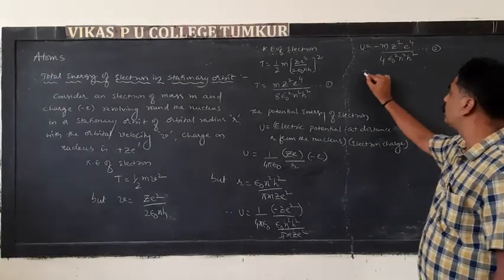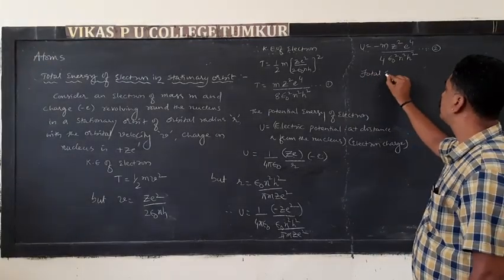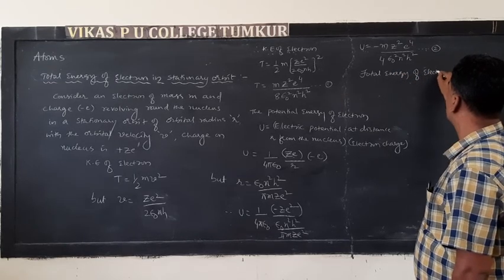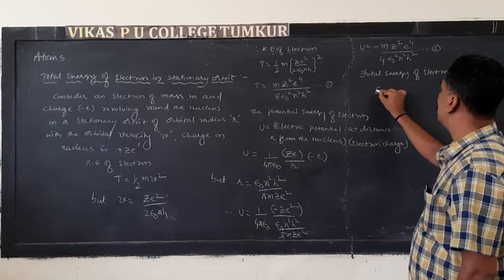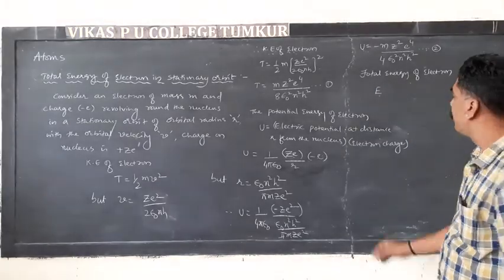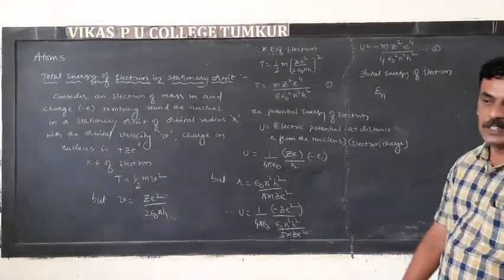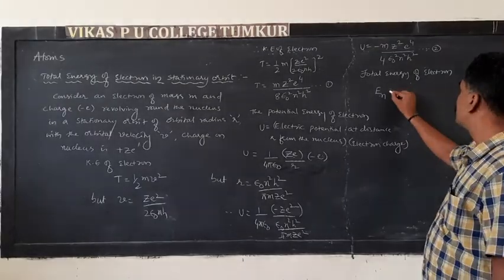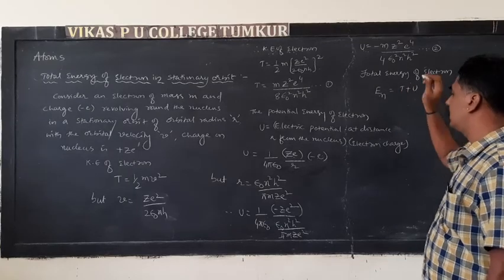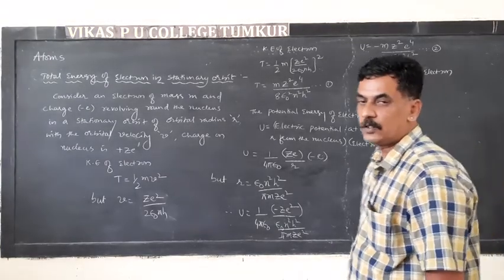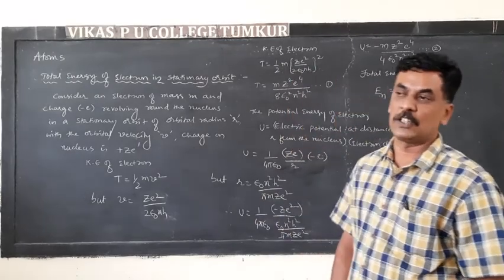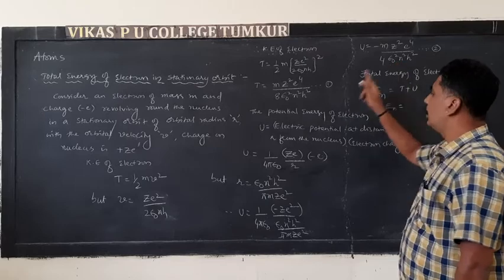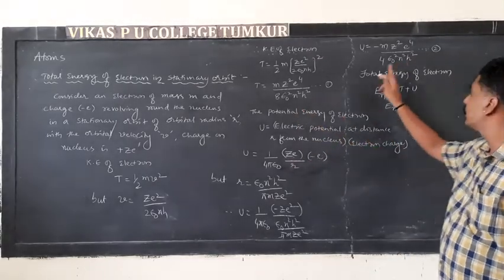Now what will the total energy of the electron be? I shall call it E. Some people represent it as En, the energy of the electron in the nth orbit. So they write En is equal to T plus U. You add both energies, the kinetic energy and the potential energy, and you get the total energy. You observe these two expressions.